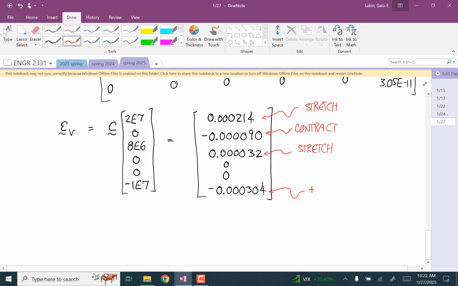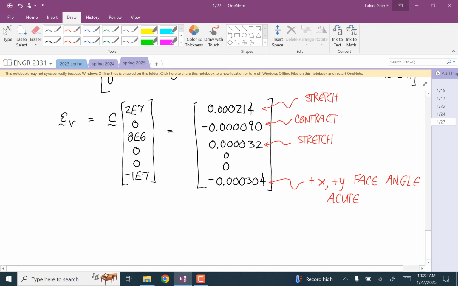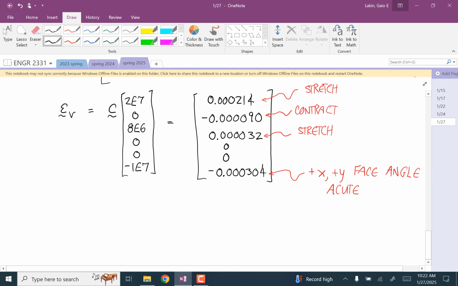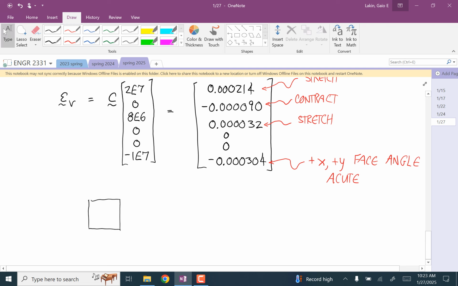So the positive X and positive Y face angle, is it getting more acute or more obtuse? Acute. So you can think of it as what's happening to the angle. I don't make you spend a lot of time doing this, but I'm just going to draw it in the XY.